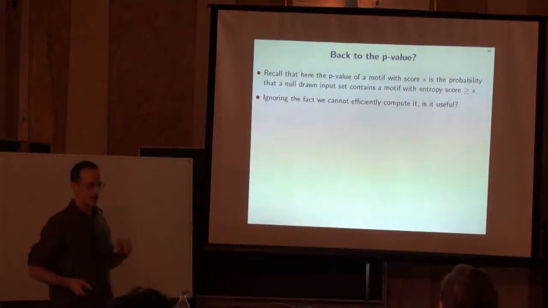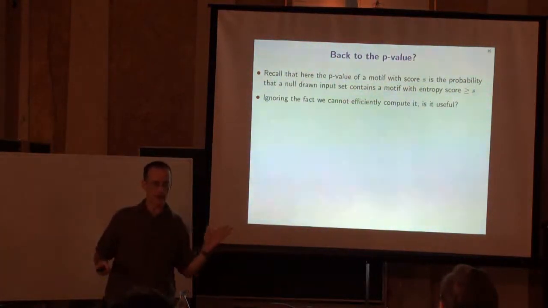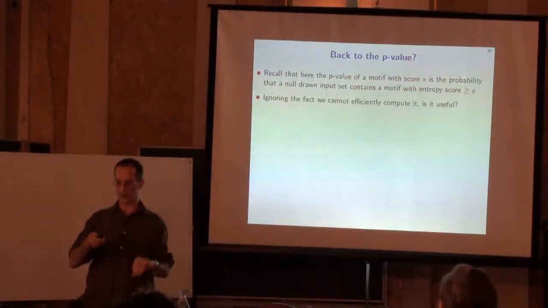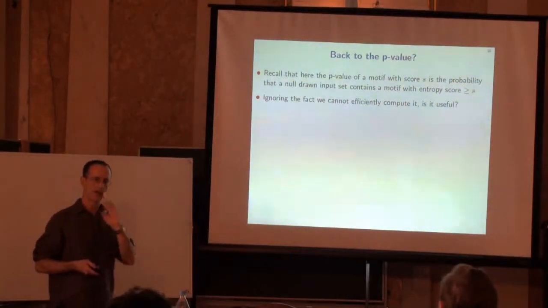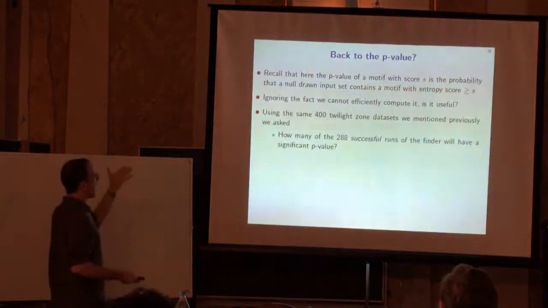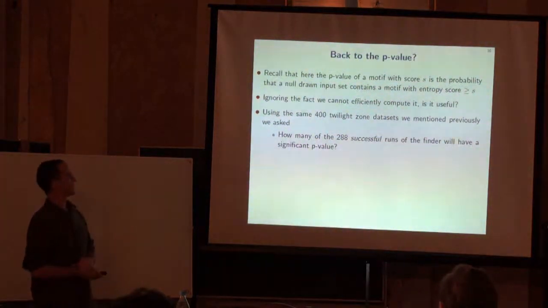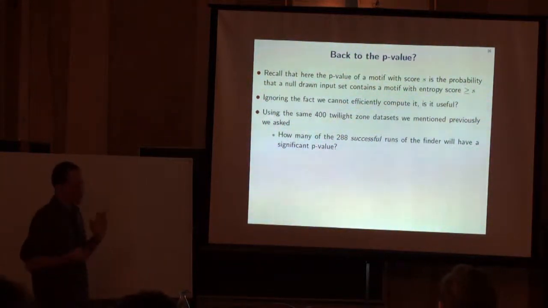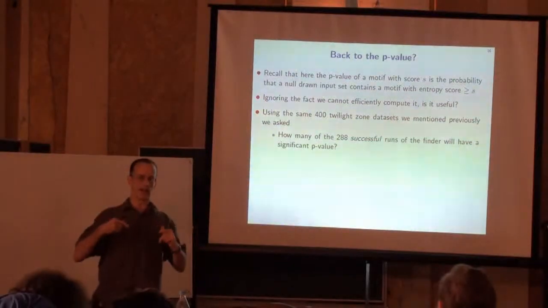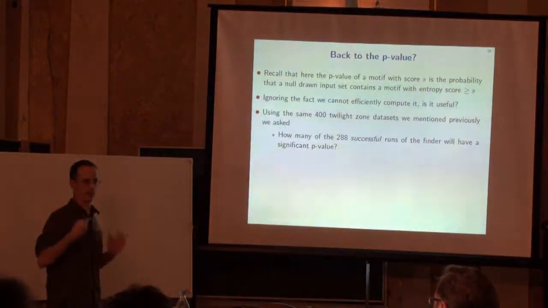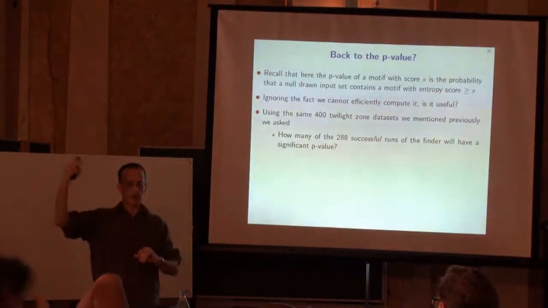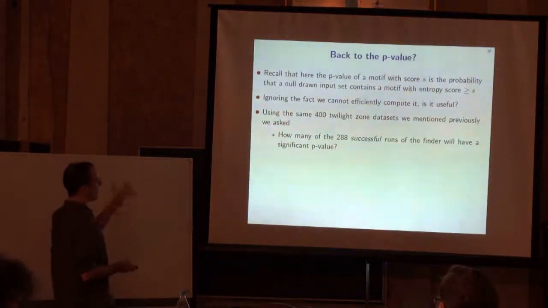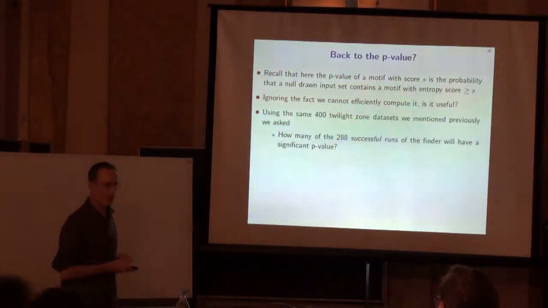Okay, so let's go back to the p-value. We don't know how to compute it efficiently, but is it still useful? This is the next question we asked. So we looked back at those 400 Twilight Zone data sets that I told you about, and these 288 successful runs. The question we asked is, if we use the p-value, which is simply the probability that the input set will contain an alignment that scores above the reported score S, how many of those will be significant?